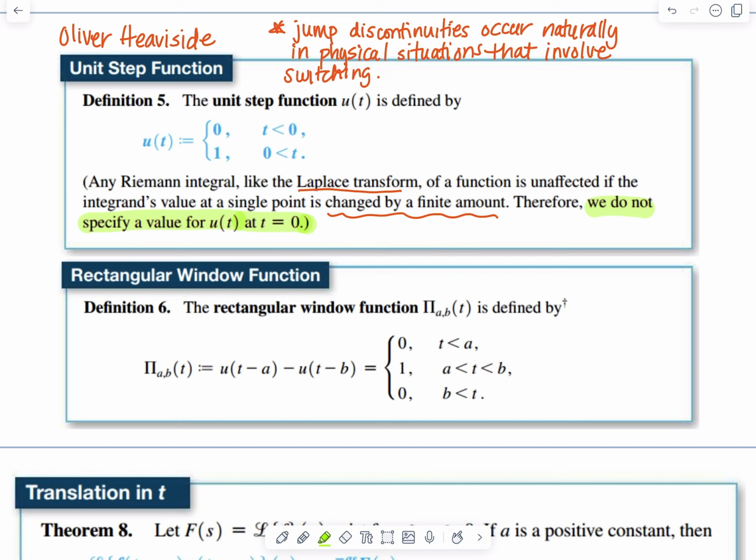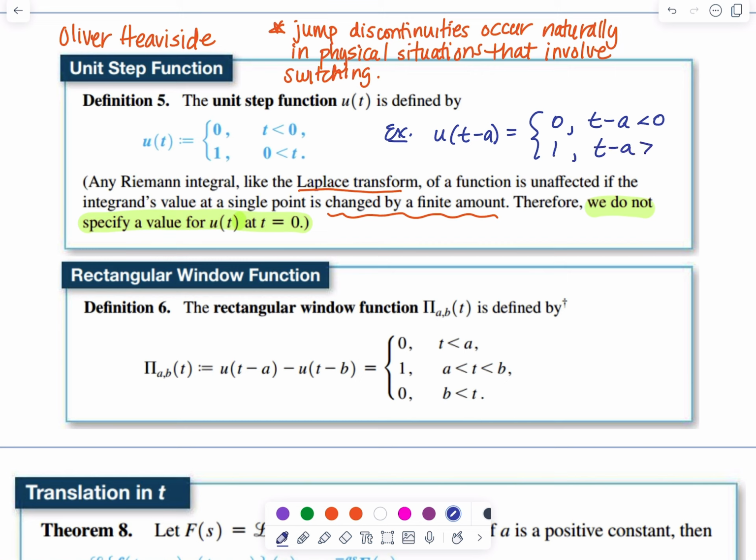We can also use this unit step function to move to a different location. For example, if we wanted to find u of t minus a, we could have our step function for 0, and this would be u of t minus a equal to 0 for t minus a less than 0, and 1 for t minus a greater than 0.